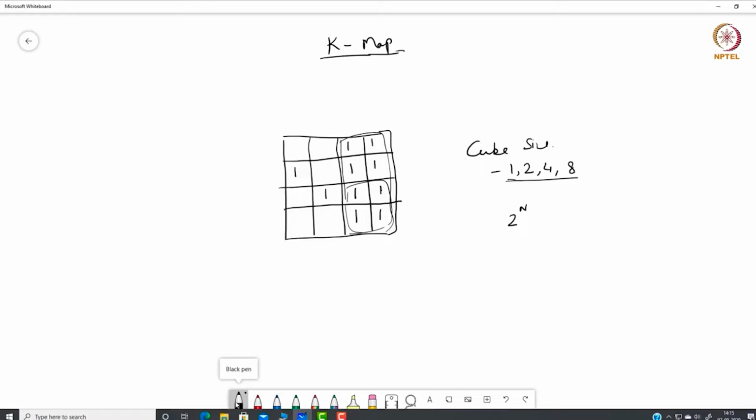So let us see a couple more cases here. If there is a one term present here and a one term present here, they can also be combined because they are adjacent. Each term present in a corner is also adjacent to the others because of the rotary nature of the K-map.